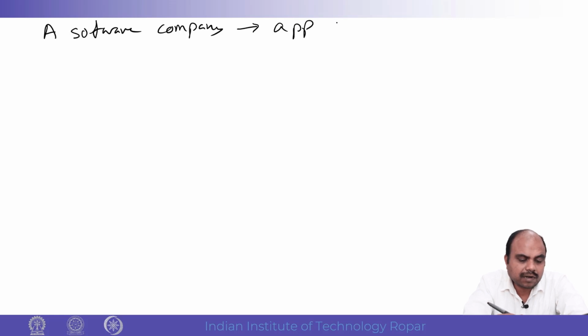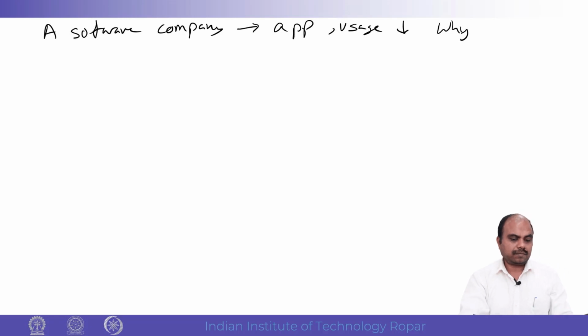So they want to find out why the usage is reduced. What causes it? They wanted to find out the reason behind this effect.